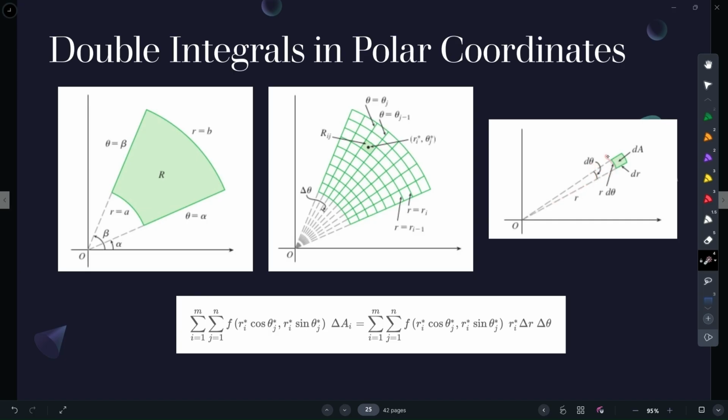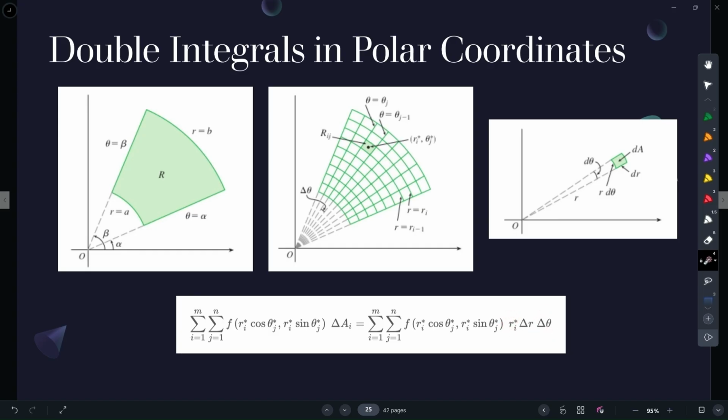So this length here will be the change in angle times the length of this radius. And then if you multiply this by the dr, you get an approximation of the area of that piece. So instead of dx dy, we actually have to multiply by a different conversion factor, which is r times delta r times delta theta.